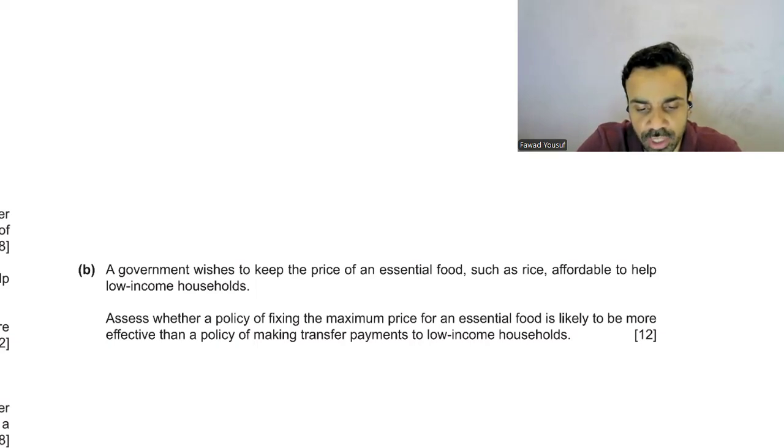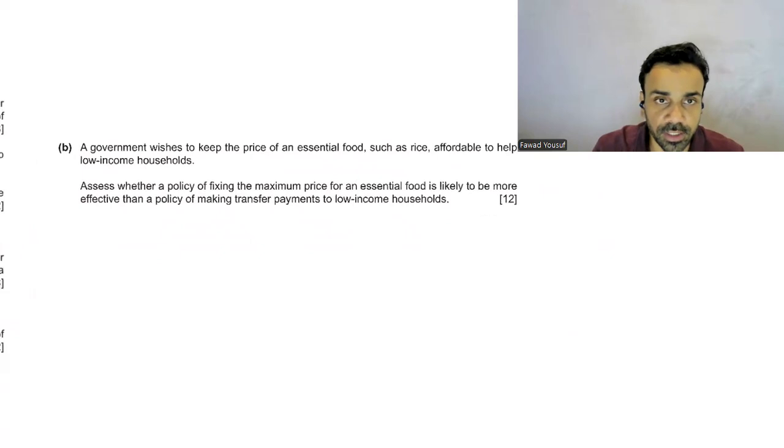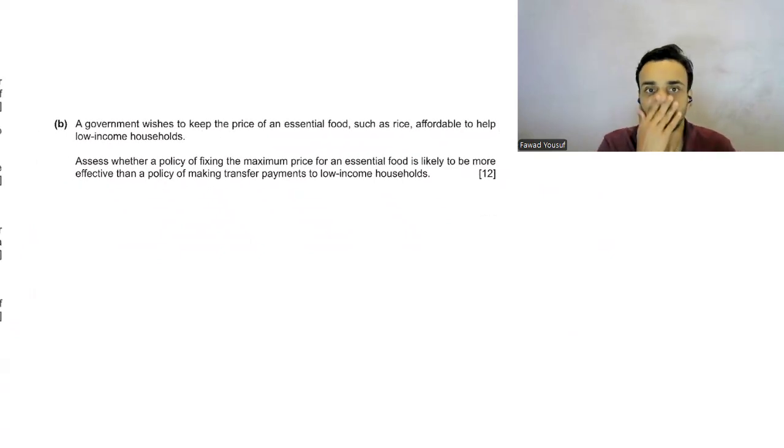Please don't spend too much time doing that explanation. Directly jump into the question, which is about the government की ये policy, how effective will it be? You directly need to go into the advantages and disadvantages of a maximum price for an essential good.